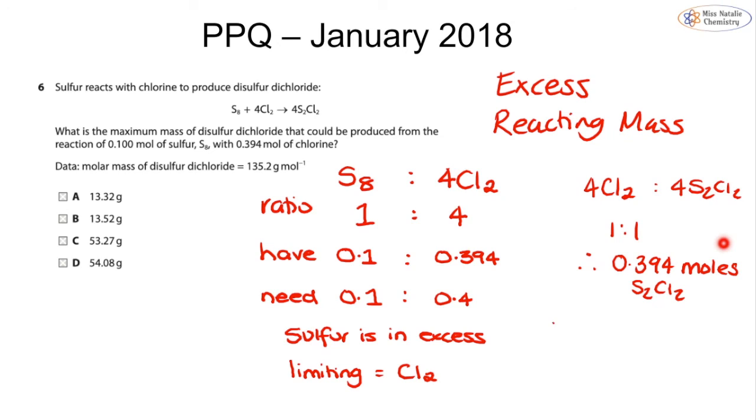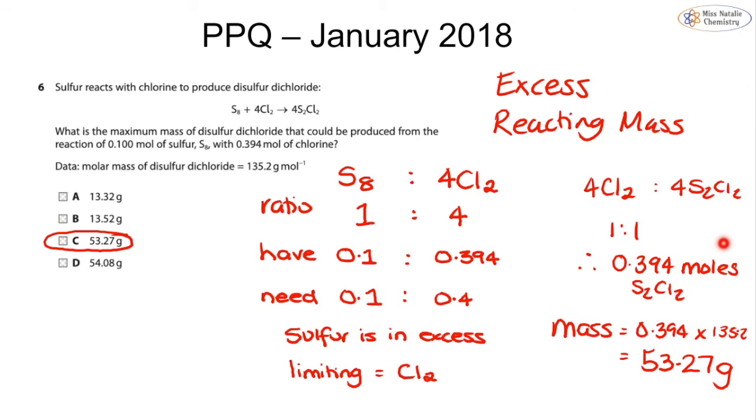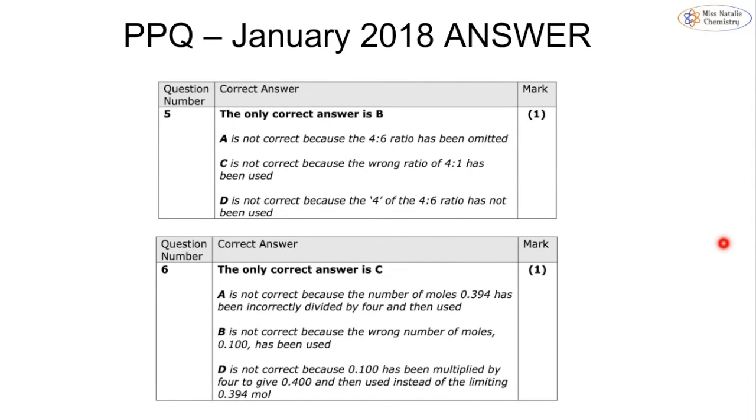And I want to know the mass, so I do 0.394 multiplied by the molar mass, which is 135.2, and I get an answer of 53.27 grams, which is C. And you can see that there are my two answers of B and C.